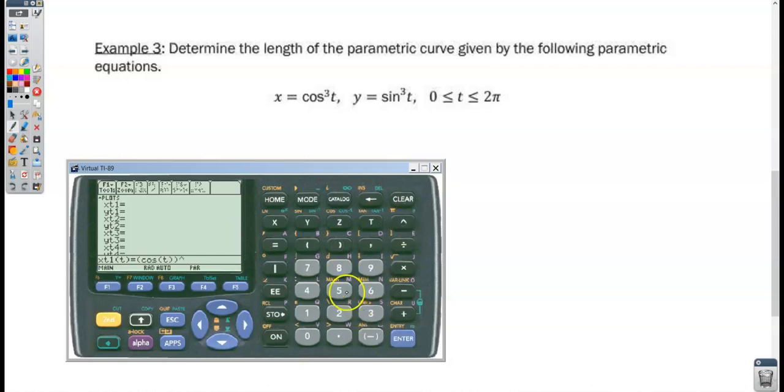So we've got cosine cubed of t and sine cubed of t as our x and y functions. And we'll make sure that this is on path. And let's take a look at the graph from 0 to 2 pi.